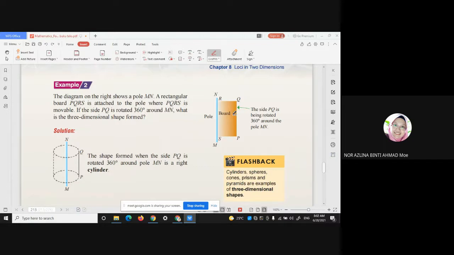If the side PQ is rotated 360 degrees around MN, what is the three-dimensional shape formed?